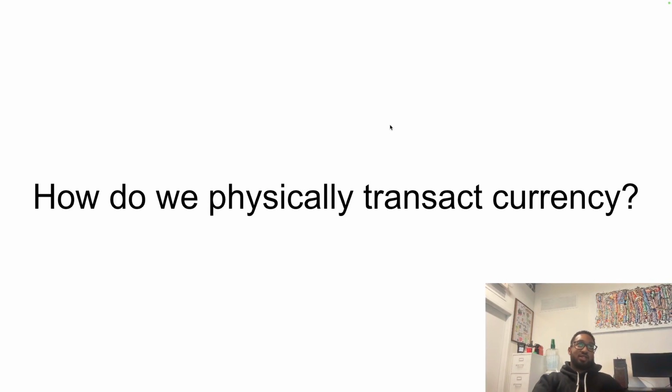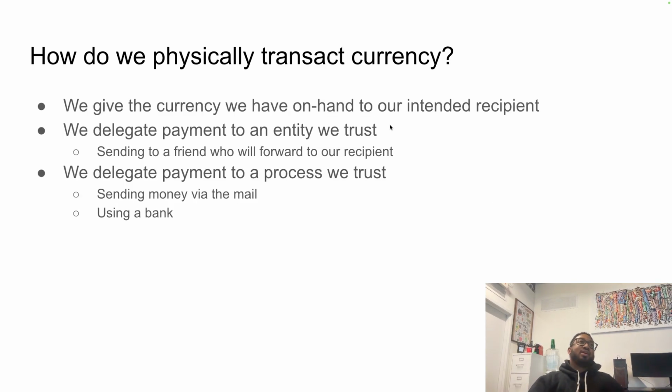So I like to do a ground up approach and think about how we physically transact currency. These are the ways that I think we physically transact currency. We give the currency we have on hand to our intended recipient. We delegate payment to an entity we trust, like sending to a friend who will forward to our recipient.